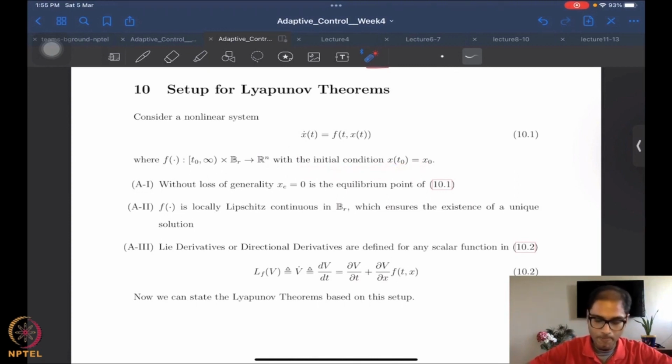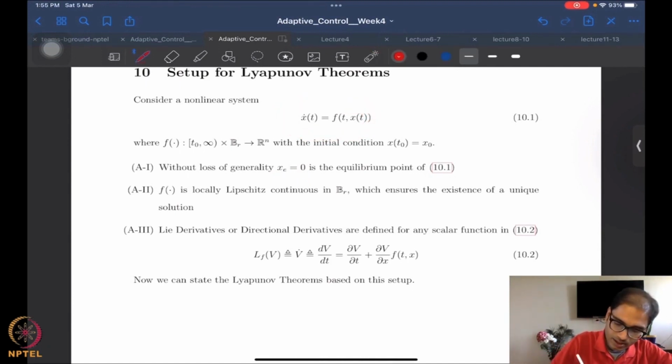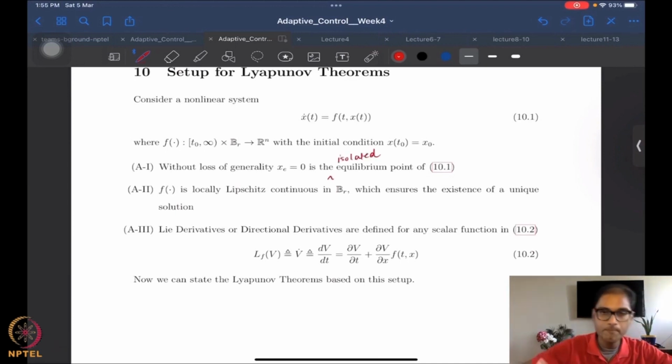And we of course have some initial condition, right? x(t0) is x0. Now, without any loss of generality, like we have done so many times before, we are also going to assume that x equal to 0 is in fact an isolated equilibrium. We'll make that formal, that this is in fact an isolated equilibrium point.